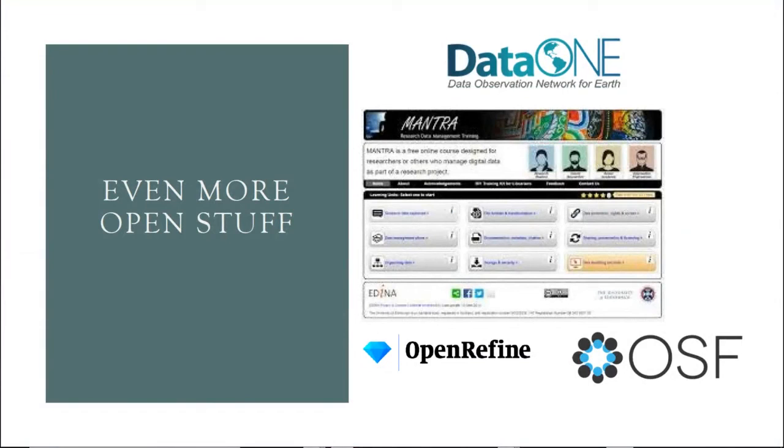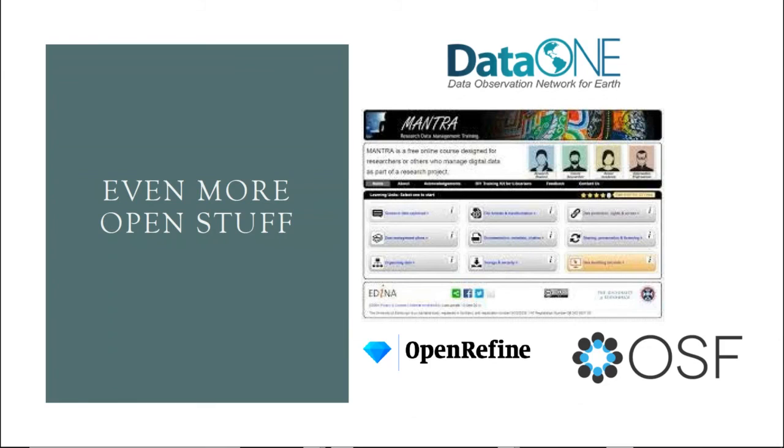And so I want to take just a little bit of time to talk about a few other open data-related products. On the screen, you see Data One and Mantra. There are some really great online resources out there to help people like graduate students or researchers who don't have a lot of experience with data management to learn about research data management principles and practices.